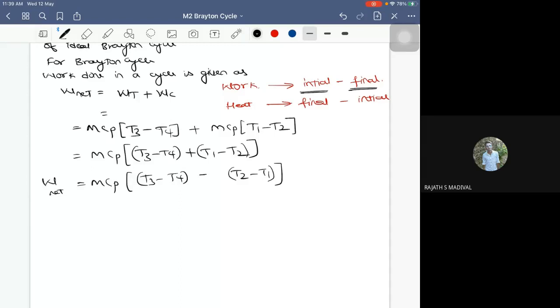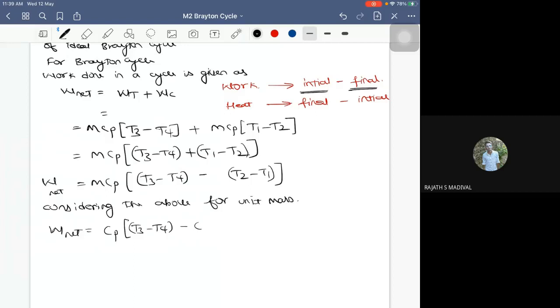Considering unit mass, M value becomes 1. So W net is equal to just Cp into T3 minus of T4, minus T2 minus of T1.